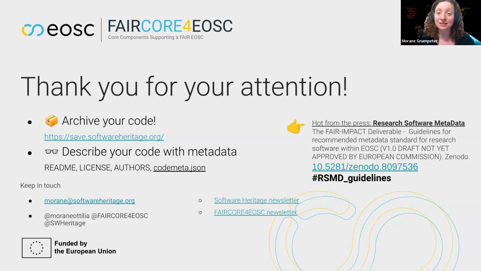Inside this deliverable, you will find what we call the Research Software Metadata Guidelines and a checklist that gives you a hands-on approach on best practices for research software and metadata. That's it for me. Thank you.